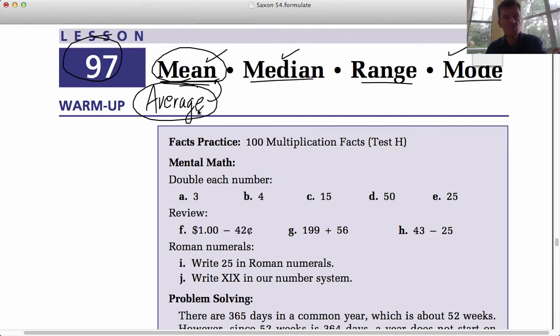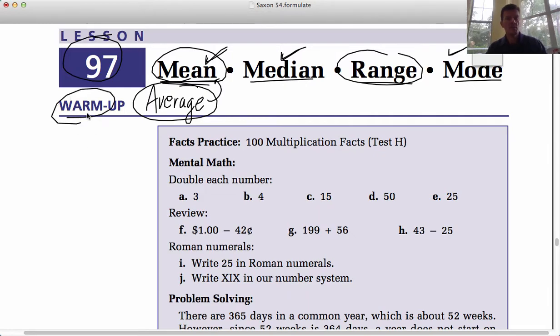They're calculated different ways, but they all have their own objective and purpose. These three calculations help us get some idea statistically about the numbers you're working with. And range, I'll show you what range is in just a second.